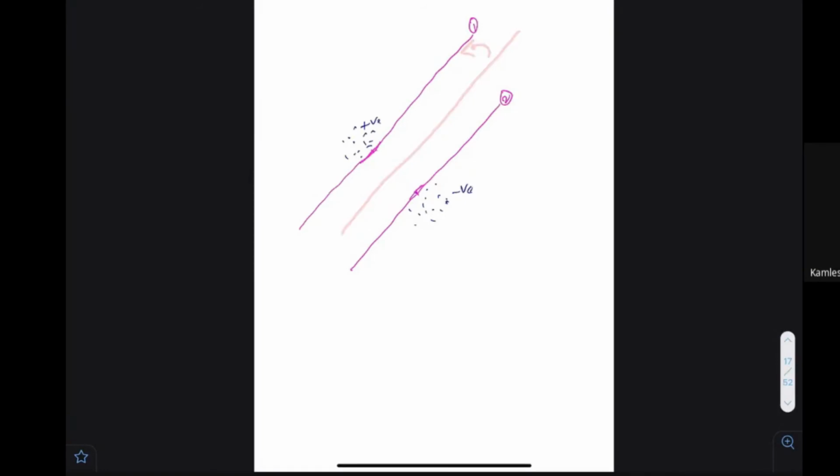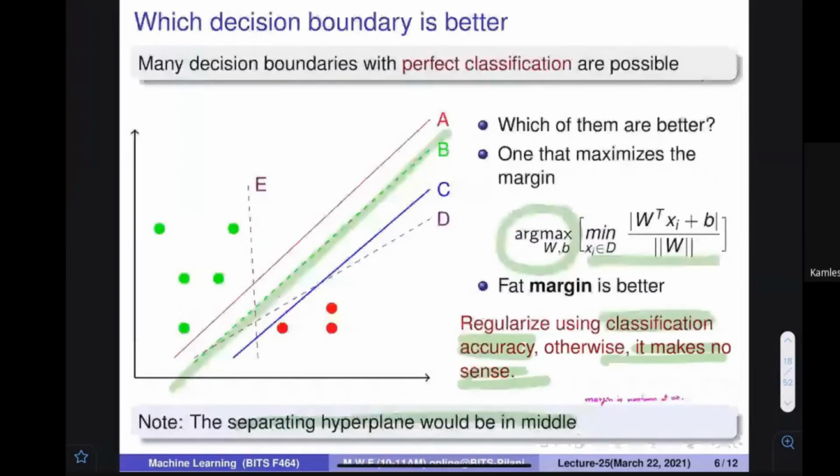If you draw this line, the margin would be better, and since you want a better margin, you would keep moving in this direction. But you cannot go beyond a certain point, because then the margin would become this distance. So the line with the highest margin would be in between. Does it make sense? That point would be in the middle. Make sense? Yes or no? Yes?